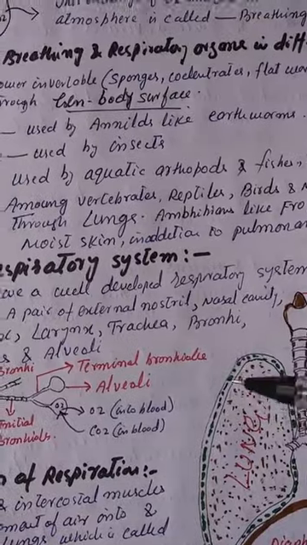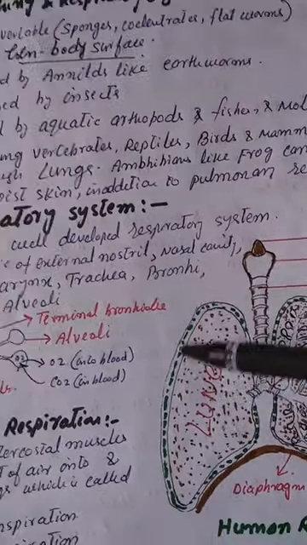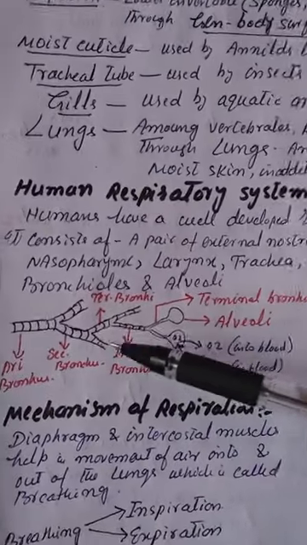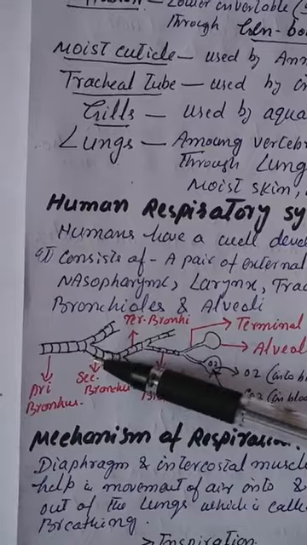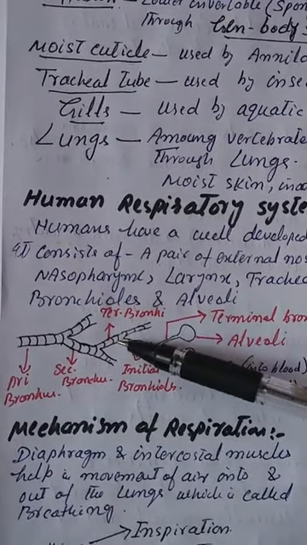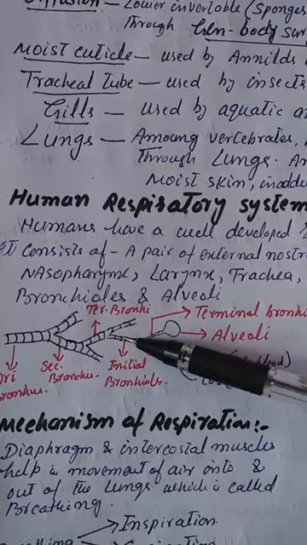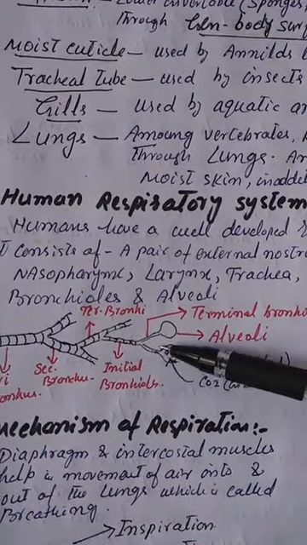Now, each primary bronchus, as we can see, divides into a number of secondary bronchi and then into tertiary bronchi. The tertiary bronchi give rise to initial bronchioles, and then the terminal bronchioles.